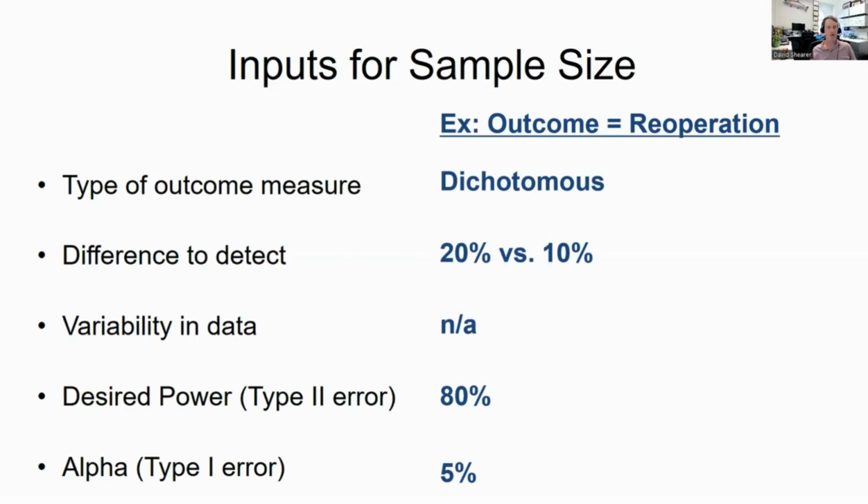There's no standard deviation that we have to think about, which is nice. The power, as I mentioned, is typically 80%, and the standard for the alpha is 5%. Those inputs are pretty consistent regardless of the study. Some people would argue you should have 90% power, but the general minimum is 80%, and the general standard for alpha is 5%.